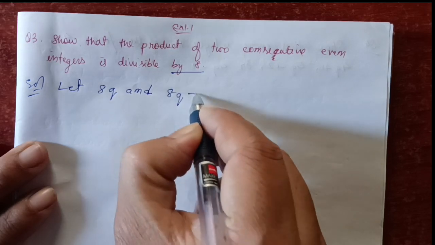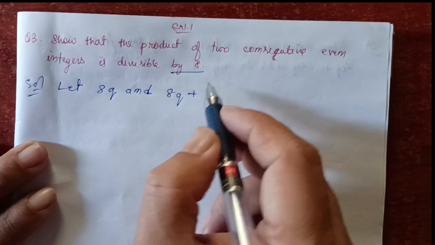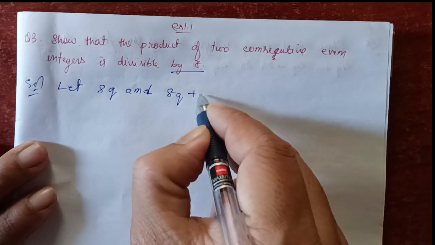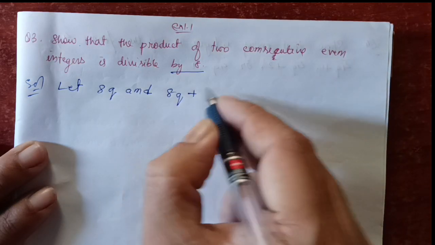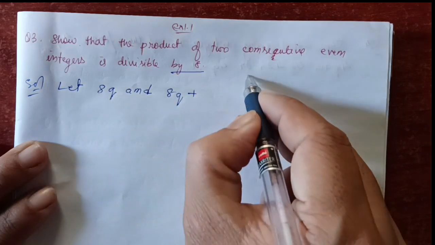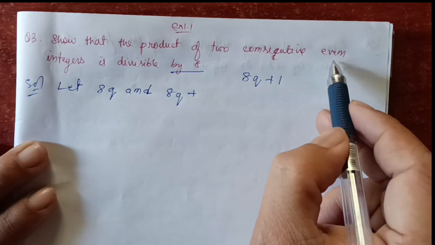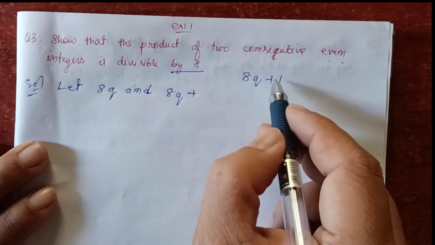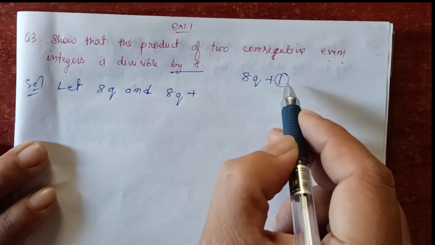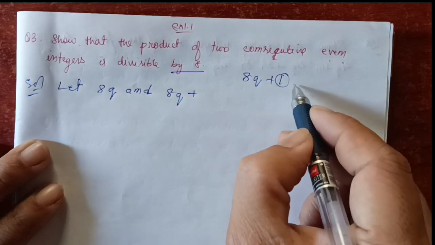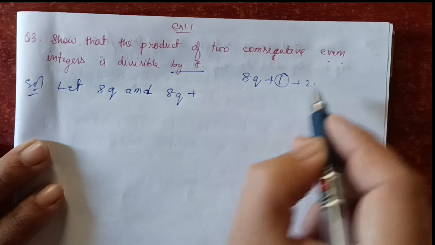and 8q plus. So here since it says even, we will not write 1 here. See, 8q, the next number would be 8q plus 1, right? But the question says even, so we will not use this one because 1 is an odd number. Since 1 is odd, we cannot use it. So the next even number is 2.